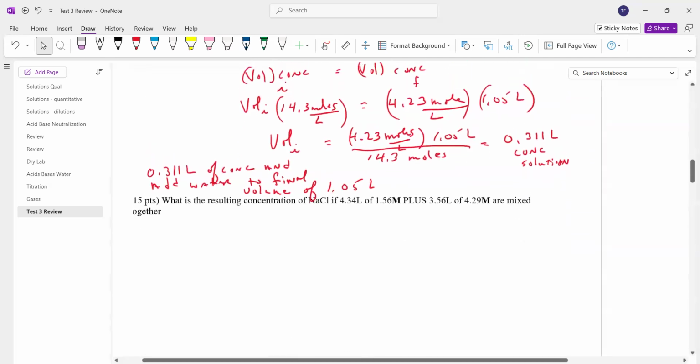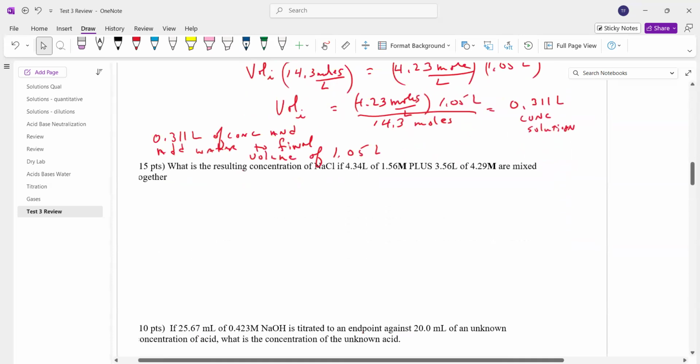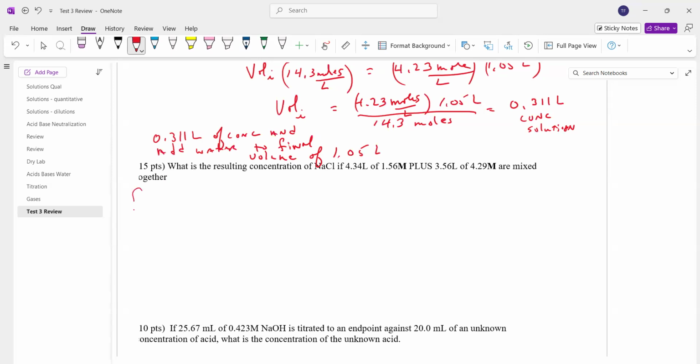What's the resulting concentration if we mix these two solutions? All right. So concentration is going to be moles over liters, so we need moles in the end, and we need liters in the end. So what's the final volume? Okay, we have 434 liters and 356 liters.